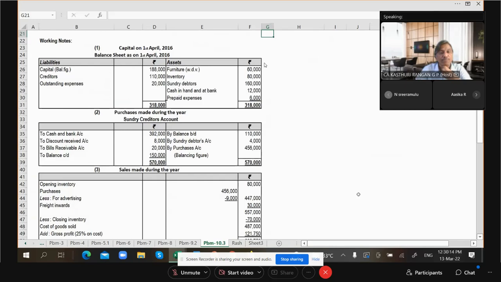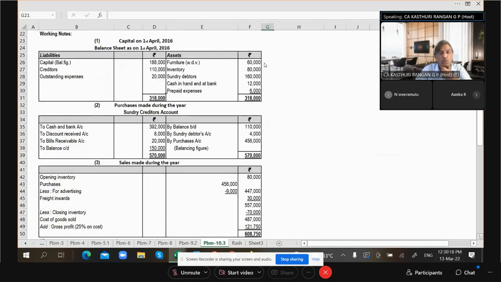Okay, now I will show the working notes. Working note number 1, 2, 3. Check whether you have written down everything. Working note number 1 is to determine the opening capital by preparing the opening balance sheet. That is the balancing figure. Second working note is to find the purchase as the balancing figure.